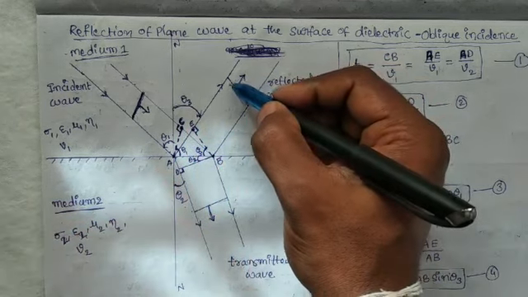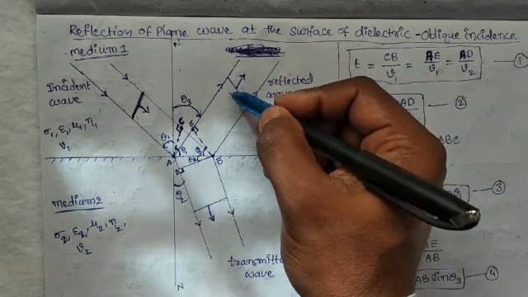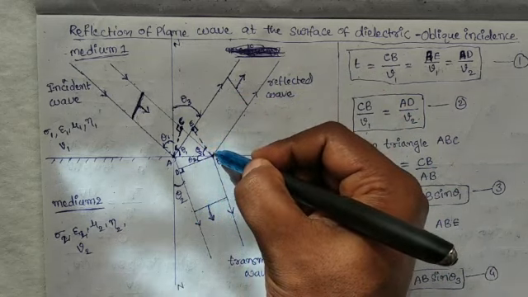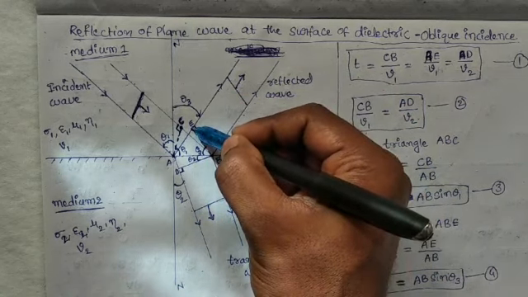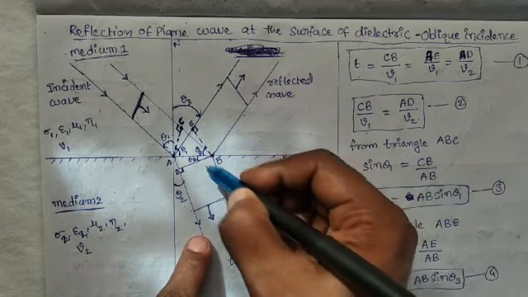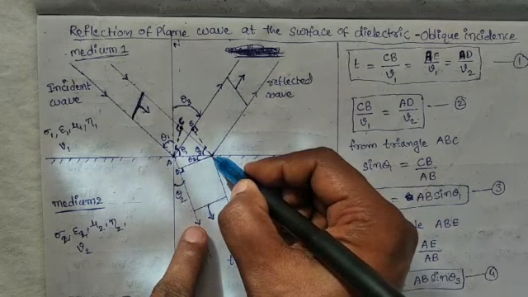Similarly, we draw the reflected wavefront and transmitted wavefront as shown in the figure. BE is the reflected wavefront and BD is the transmitted wavefront.